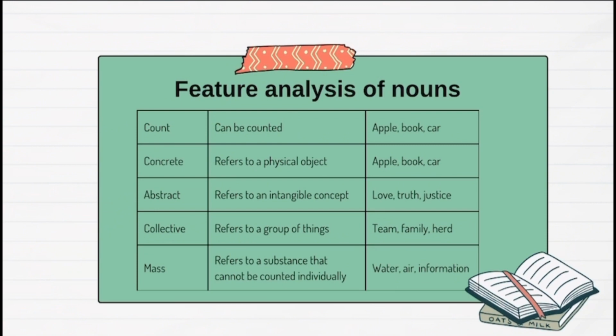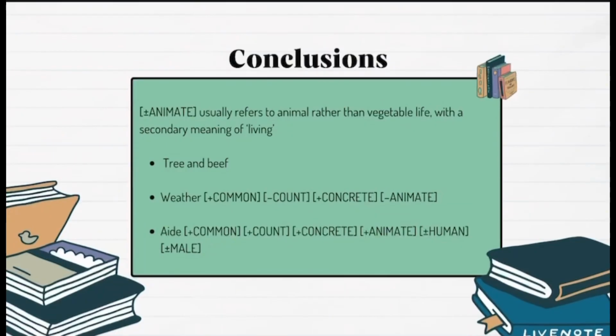Collective nouns refer to a group of things, team, family, and mass nouns refer to a substance that cannot be counted individually, water, air, information, for example. Animate usually refers to animal rather than vegetable life, with a secondary meaning of living.